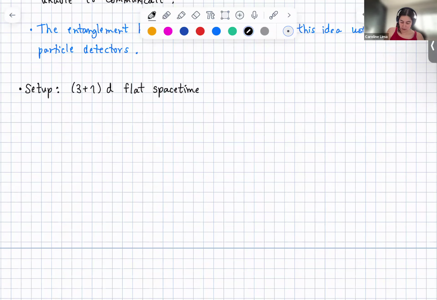And now we'll add some real scalar field in the vacuum. So Minkowski vacuum. And then there's two particle detectors, right?